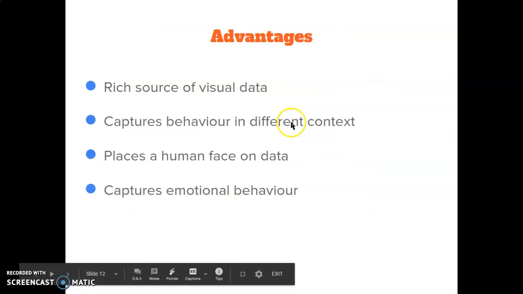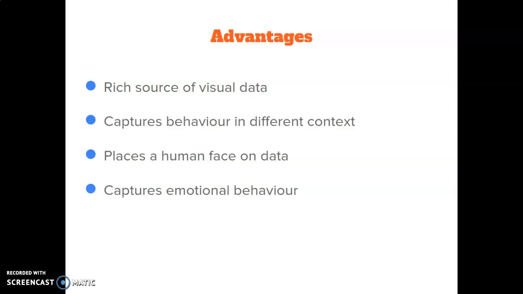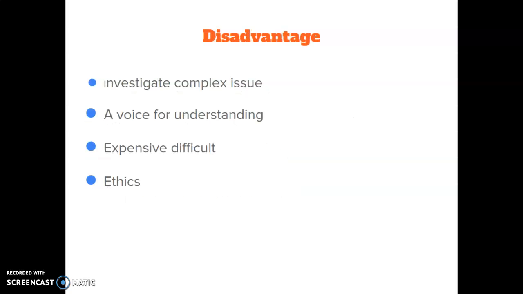The advantage is a rich source of visual data. Of course, all qualitative analysis has a rich source of data, and it captures behavior in different contexts, because the angle of view of the observer will be completely different. It places a human face on data and captures even emotional behavior. These are all the advantages of ethnographic study, and there are some disadvantages as well. Investigating complex issues will be a problem.